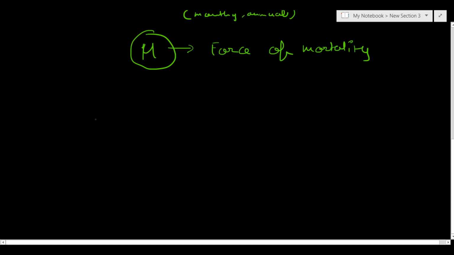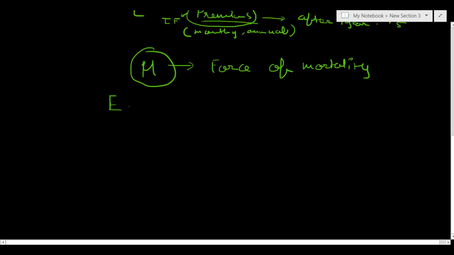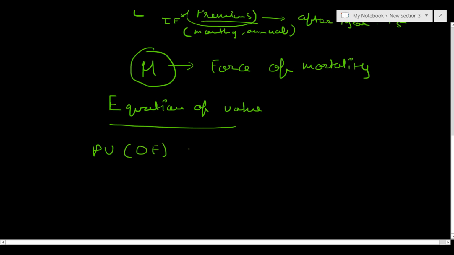So what will we be talking about in this subject CD5? You must remember from subject CD1 that we discussed something called an equation of value. The equation of value in subject CD1 said that the present value of outflows must be equal to the present value of inflows, and this is what we followed in CD1.